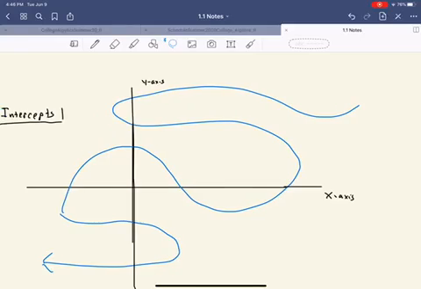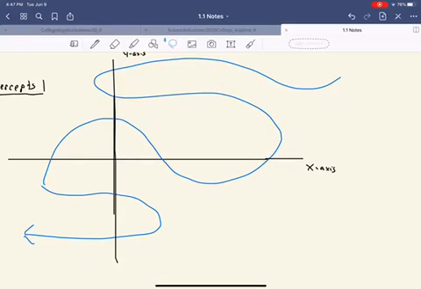Now, the x-intercepts are where the graph intercepts with the x-axis. Okay, what do all those points have in common?